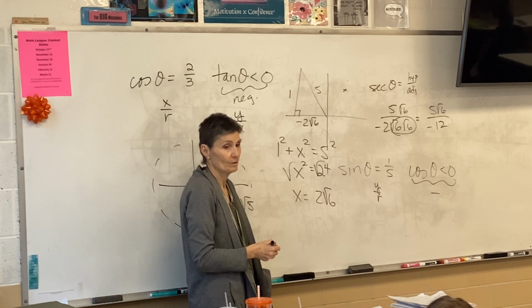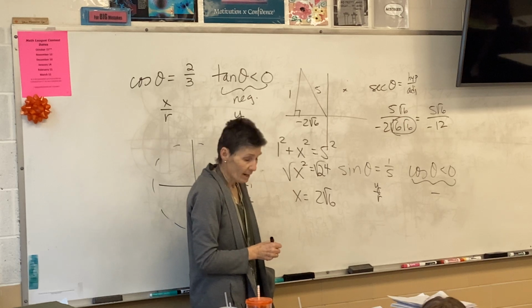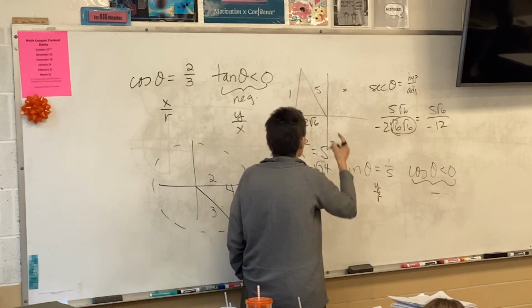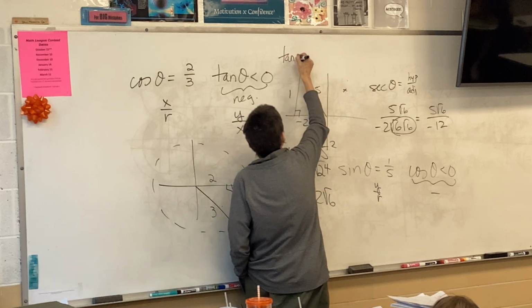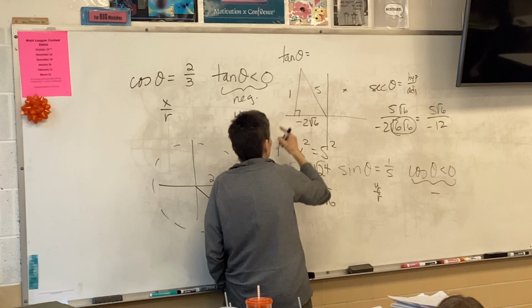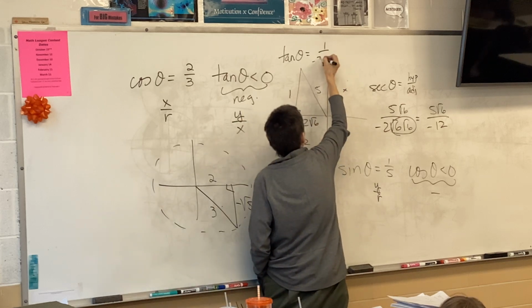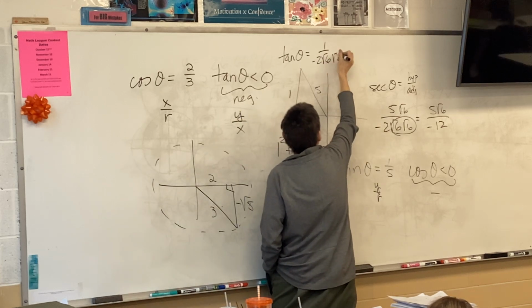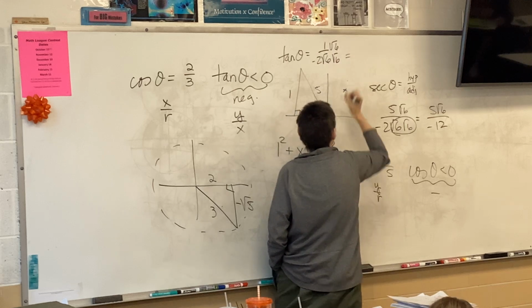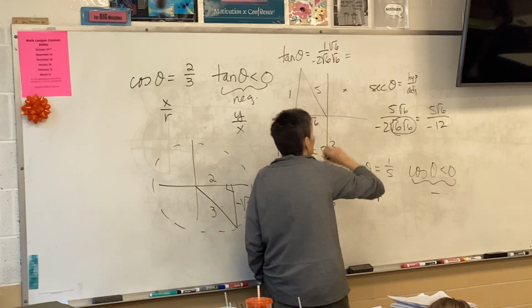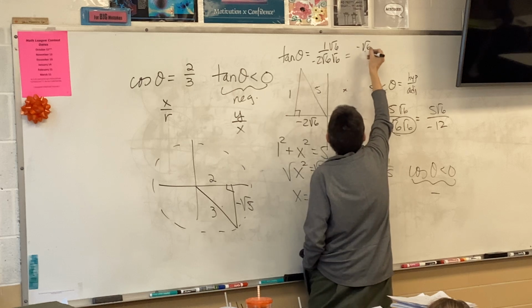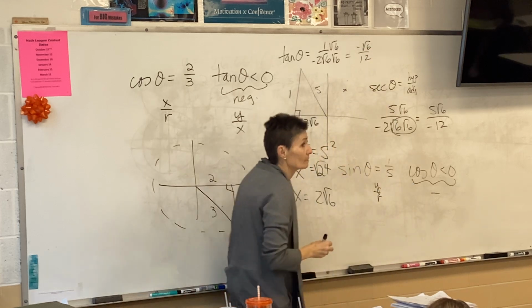All right, lastly here, we want the same picture, we want the tangent. Tangent is 1 over negative 2√6. So we'll do the same thing, and get negative √6 over 12.